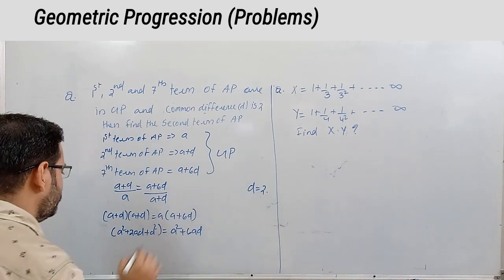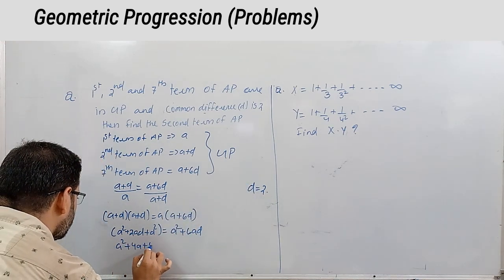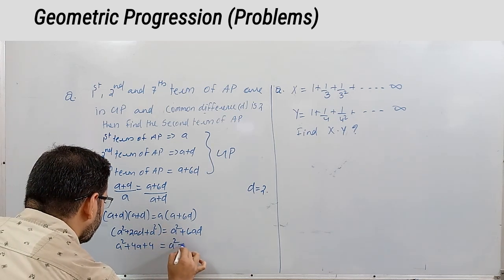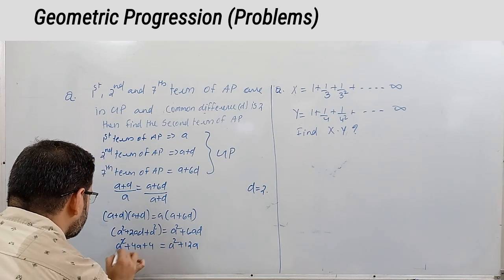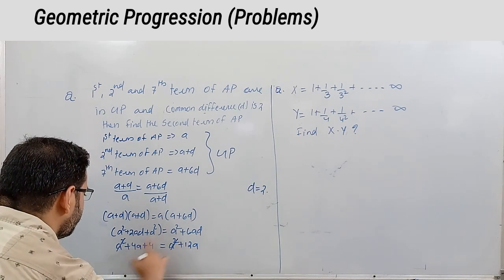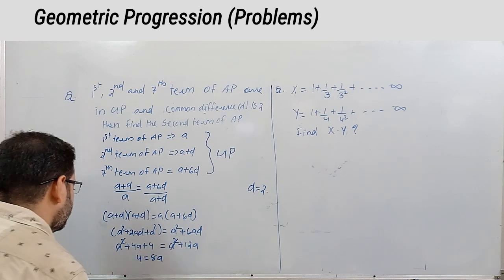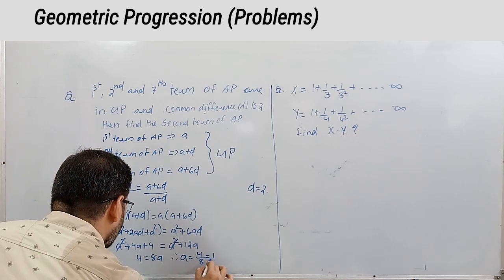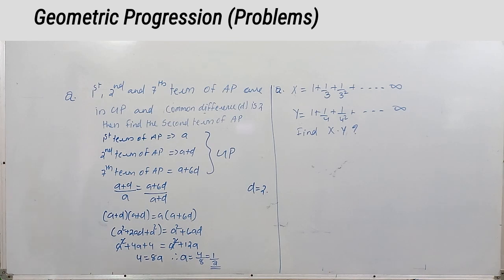Now, substituting the value of D, A square plus 4A plus 4 is equal to A square plus 6 into 2, 12A. A square gets cancelled. Now 4 is equal to 8A. Therefore, A is equal to 4 divided by 8, equal to 1 by 2.